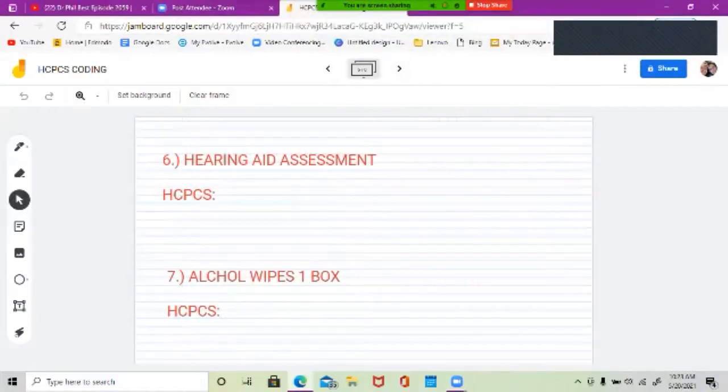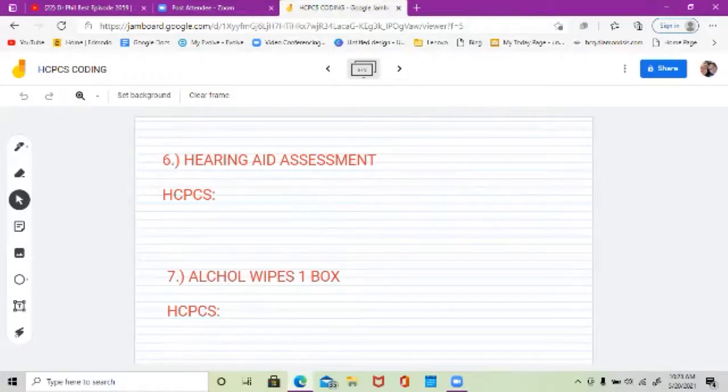Okay. Hearing aid assessment. Now, when you get to hearing in your index, you go to aid and you find assessment.